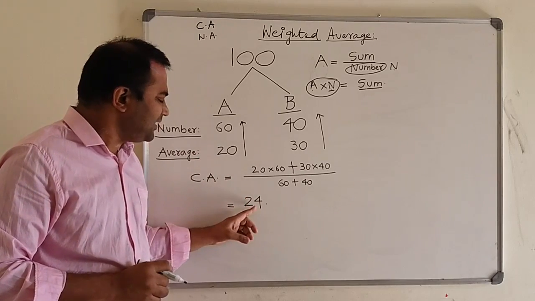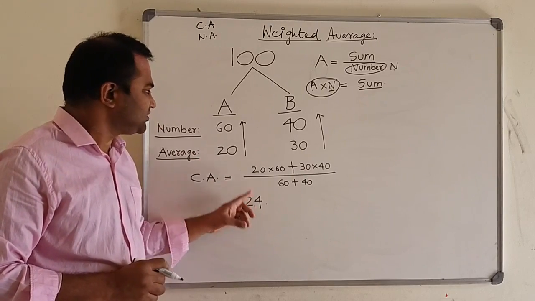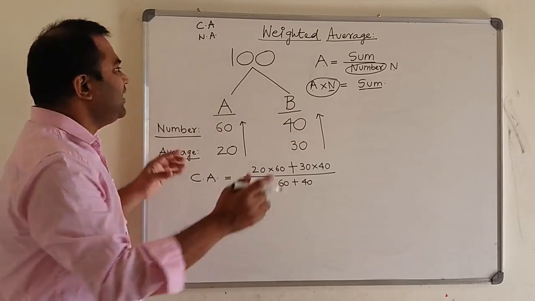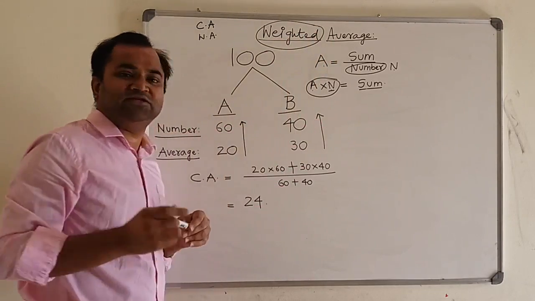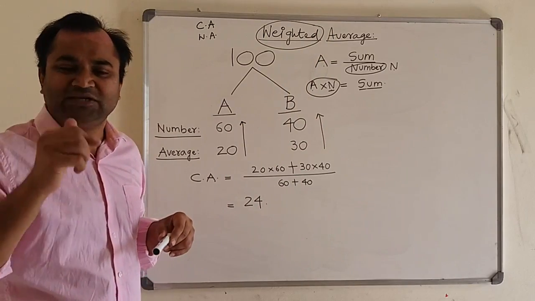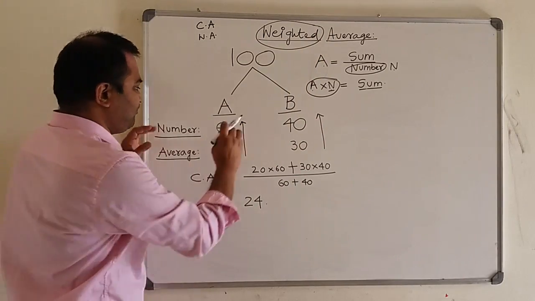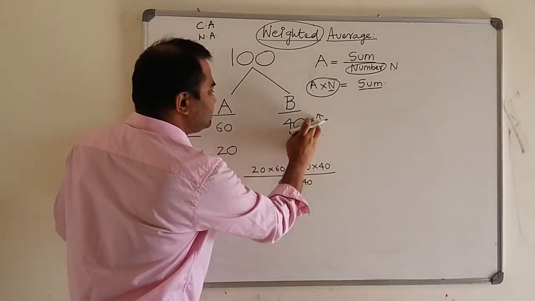Now this combined average marks of the two groups A and B is more frequently referred to as weighted average due to one reason which now I am going to discuss. So listen carefully.